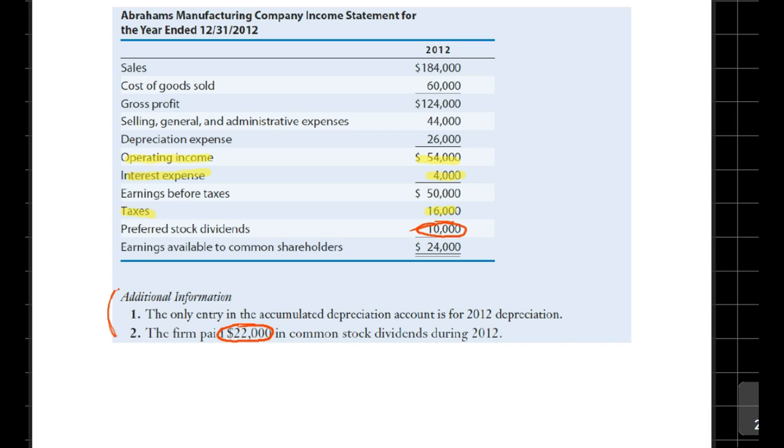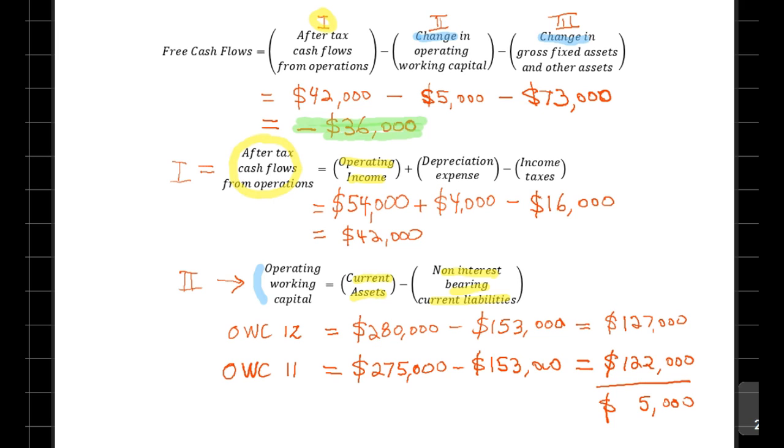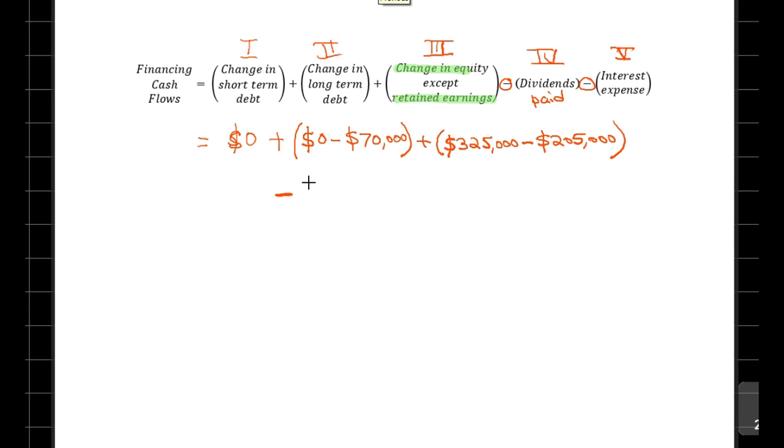So that gives us a combined total of $32,000. We have 2 pieces here: the $10,000 paid to preferred stockholders, and the $22,000 paid to common stockholders.